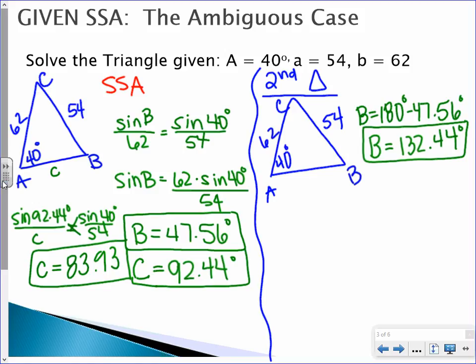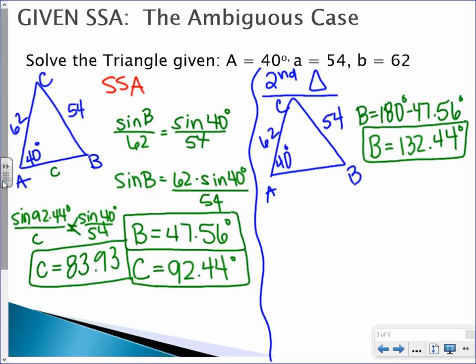I can understand not showing the cross multiplying step, but I have to at least see these two setups right here. The 180 stuff, I know you can do that in your head or your calculator. That's fine. But I need to see at least these two setups. All right. There is our first triangle.